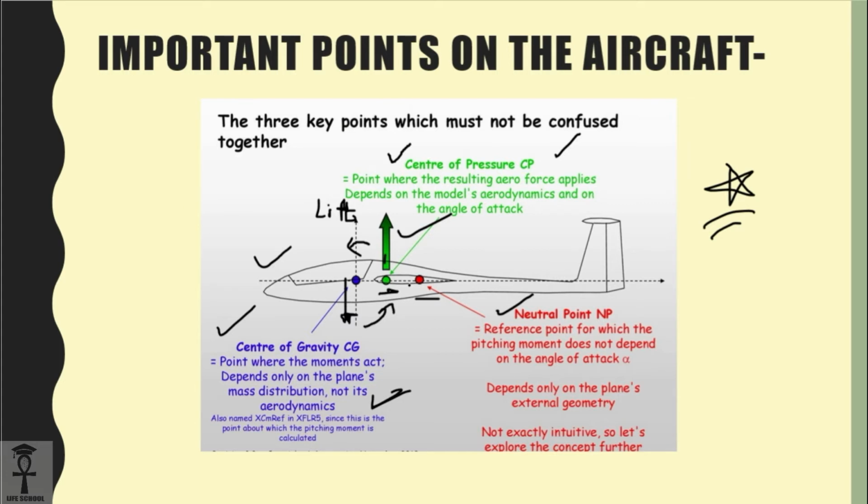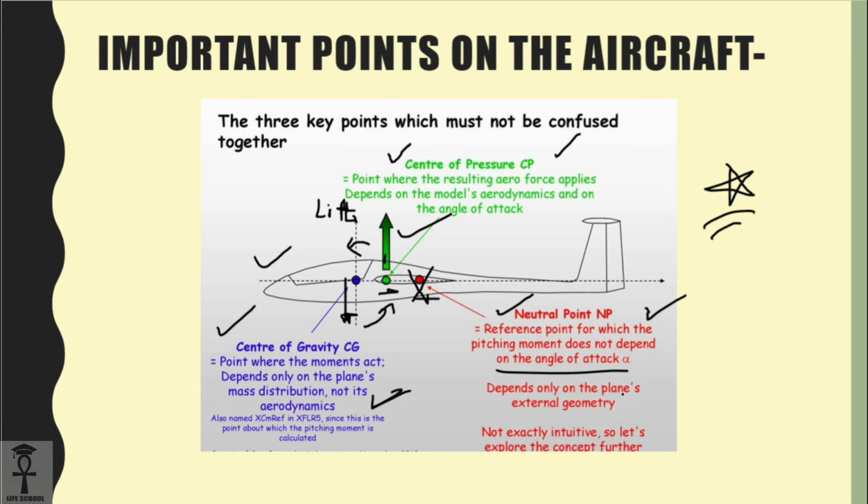Now this couple is continuously acting over the plane, but the point where the effect of this couple does not vary with the angle of attack is known as the neutral point. So the neutral point is the one where the pitching moment does not depend on the angle of attack.